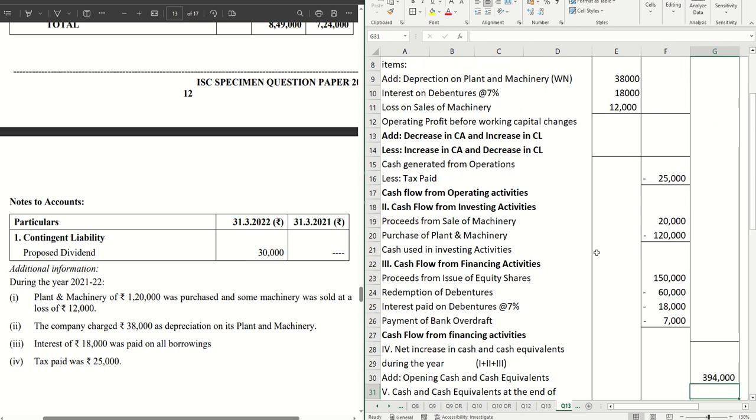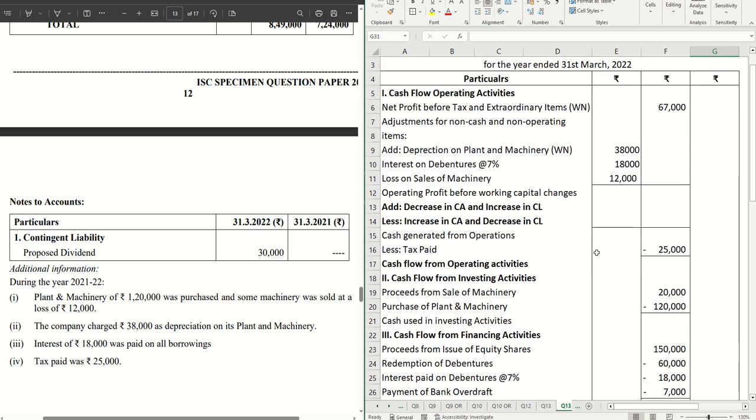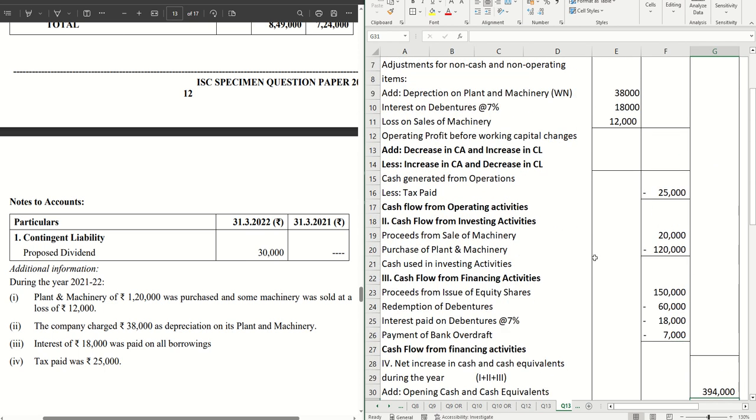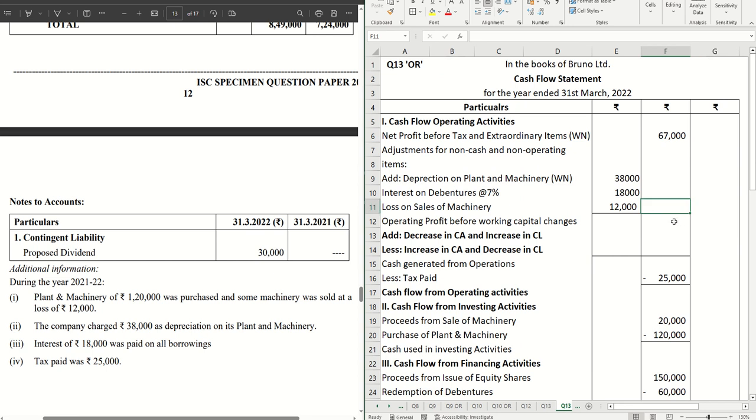Let's run a review and let's start our calculation. So how much do we get here if we add them? We don't have any working capital change adjustment because there was no relevant item. So straight away we have to do the calculations.